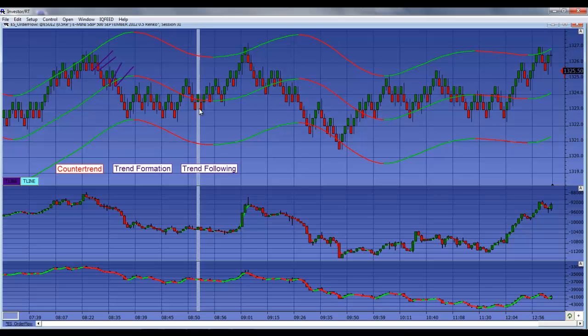Same thing if I'm trying to get long in the market and I close 2 to 3 ticks above the midband, I have to make sure that I go for some price improvement so that I can get filled no more than 2 ticks away from the midband to be a buyer, or no more than 2 ticks below the midband to be a seller. So 2 ticks below the midband and above is my sell area. 2 ticks above the midband and below is the area where I'm allowed to buy.